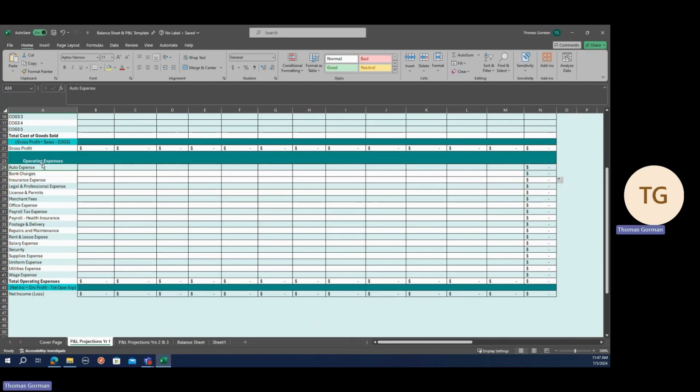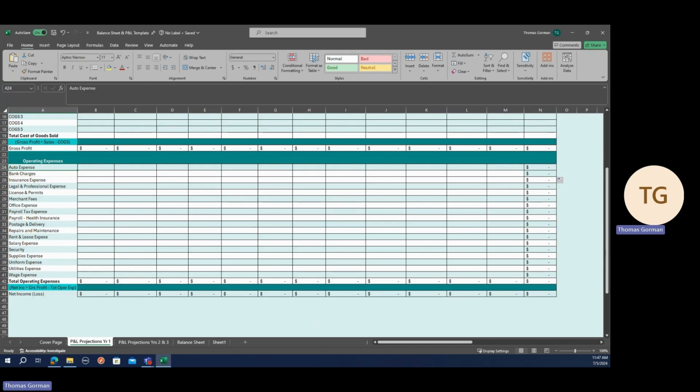Once you get that information, at that point, you need to start calling around and getting quotes and estimates for these operating expenses. Now, I have created some numbers here to get our annual operating expenses figured out.